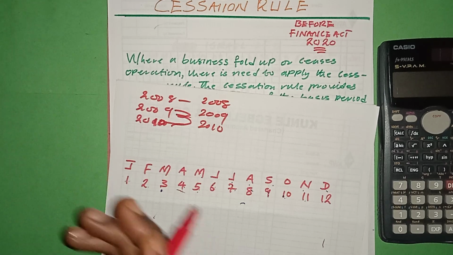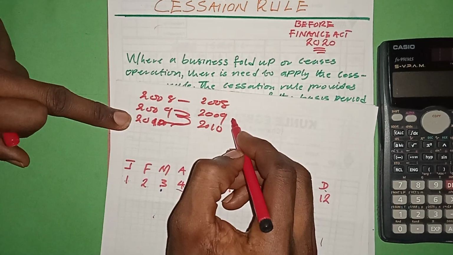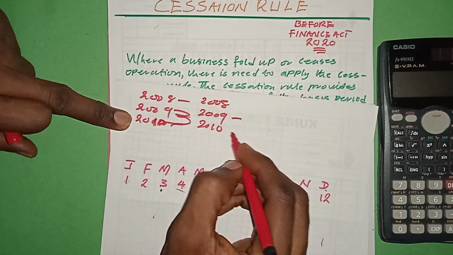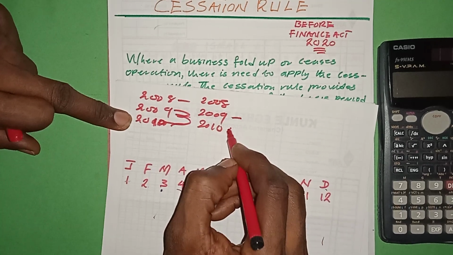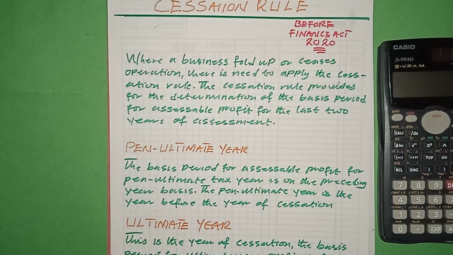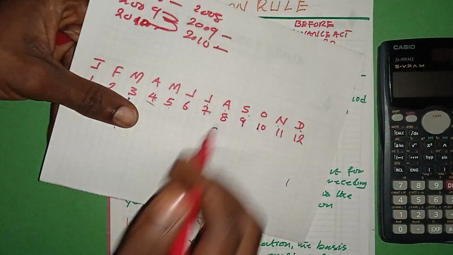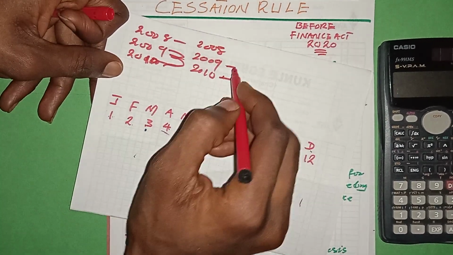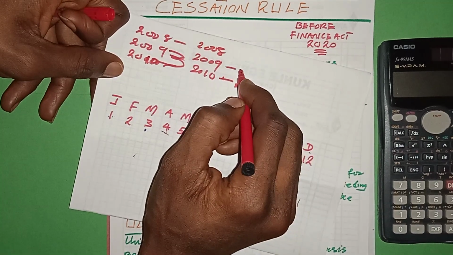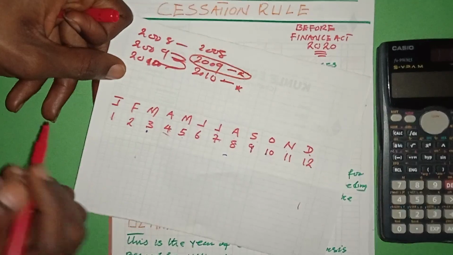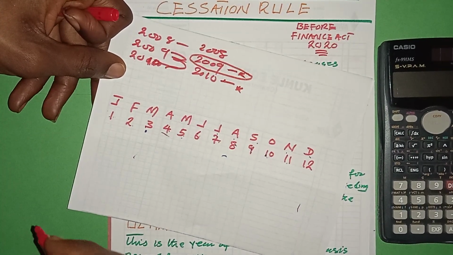The year here is this. This is the penultimate year. 2009 is the penultimate year, and this is the year he ceases the business. So the penultimate year is the year before the year of cessation. This is the cessation year, and this is the year before the cessation. So this is what the penultimate year is talking about, a year before cessation.